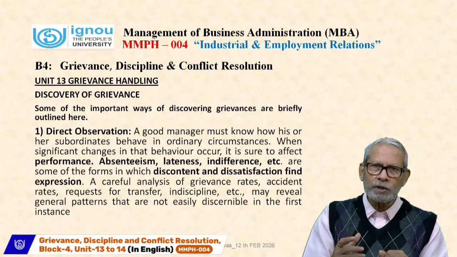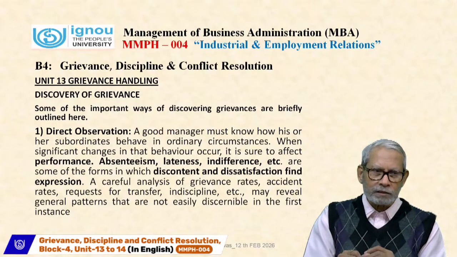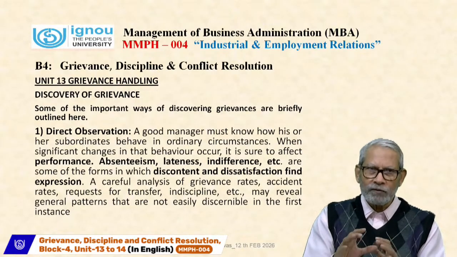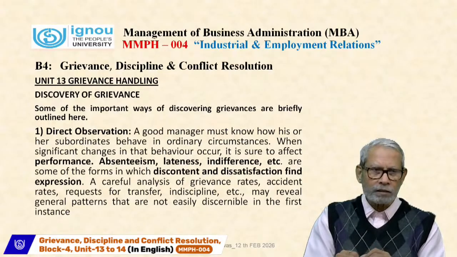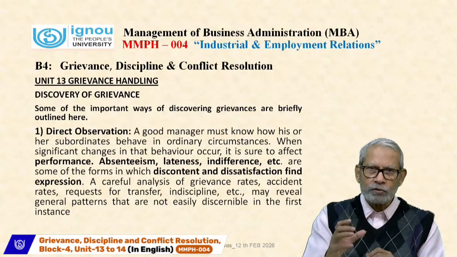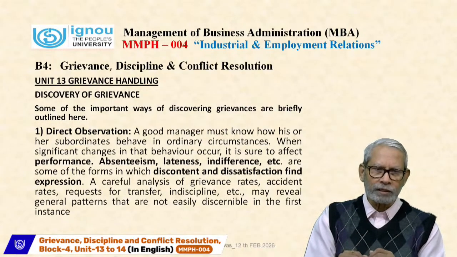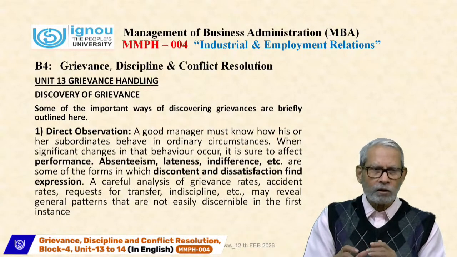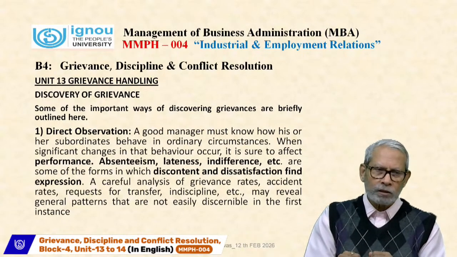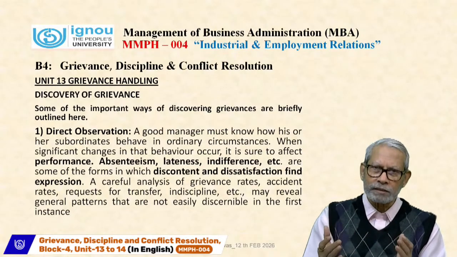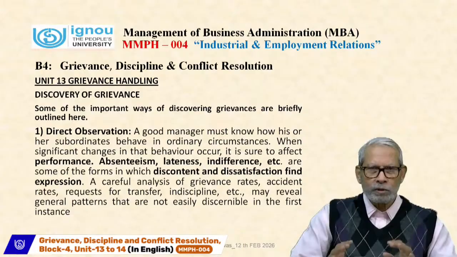Now, discovery of grievances. Some of the important ways of discovering grievances are briefly outlined. One is direct observation. Through this way you can identify things. A good manager must know how his or her subordinates behave in ordinary circumstances, because daily they are interacting.